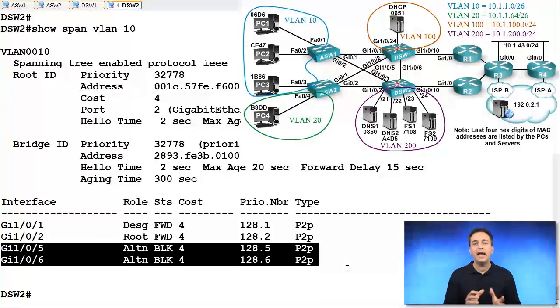So you can see how we were able to identify the spanning tree topology on our own. Just by using the topology, knowing the links and the connections that are involved, and then running through the algorithm ourselves by finding the root bridge based on the priorities, and we were using default priorities.